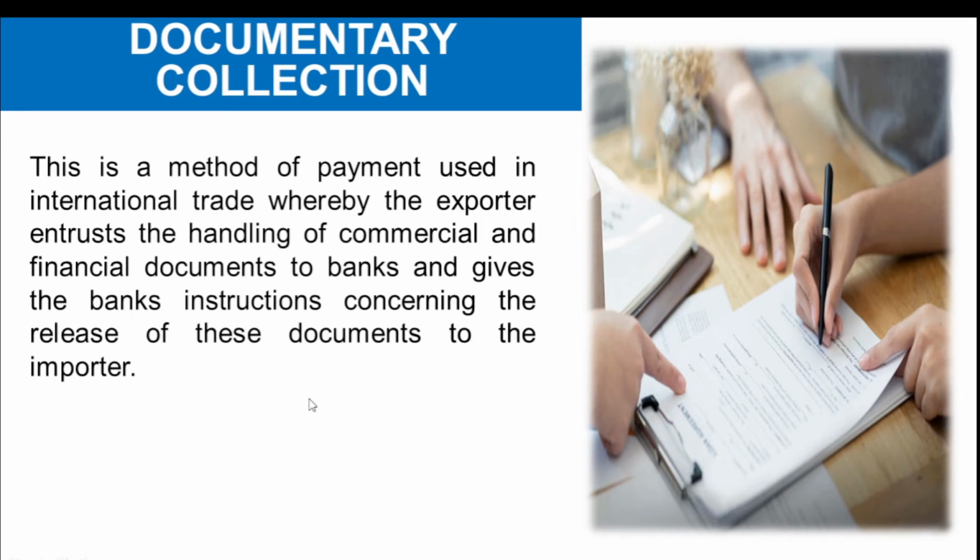There will be a transport document which will be proof that the goods have been shipped either through sea or through air, whatever it is. Then there will be an invoice, which will tell how much payment has to be collected from the buyer.